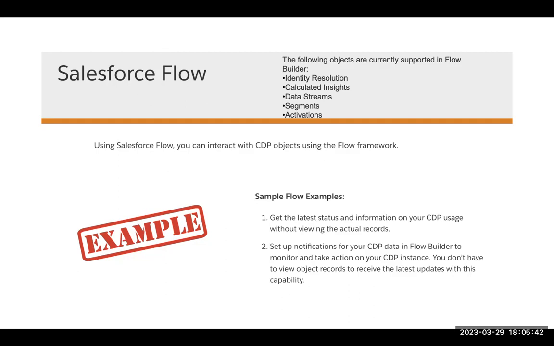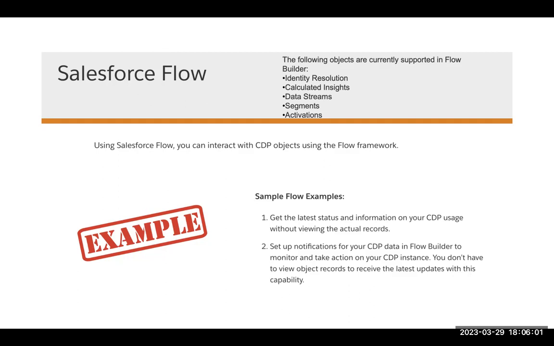For every object you have certain limits, so you have to be very careful while designing any of the activations or segmentations. What Flow can do is leverage your objects and give you information on your Data Cloud usage without actually viewing the actual records.